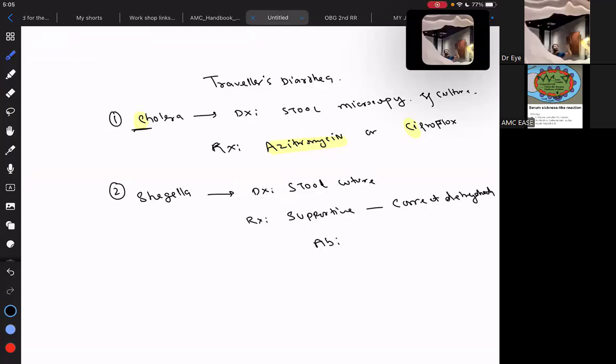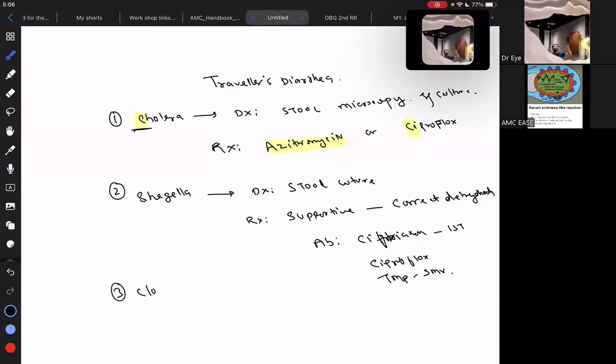If we use antibiotics, you can go for ceftriaxone first. If the stool result is not confirmed yet, then you can go for ciprofloxacin or trimethoprim and sulfamethoxazole.